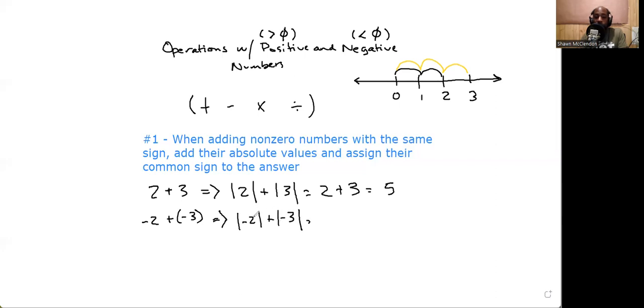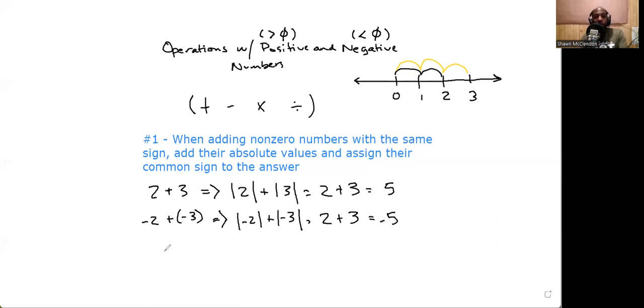Now the absolute value of -2 is also 2 away from 0 if you look at it on a number line. So that ends up being 2 plus the absolute value of 3, which is just 3. And so that is 5. Now assign the common sign of negative to the answer. So -2 plus -3 is -5.